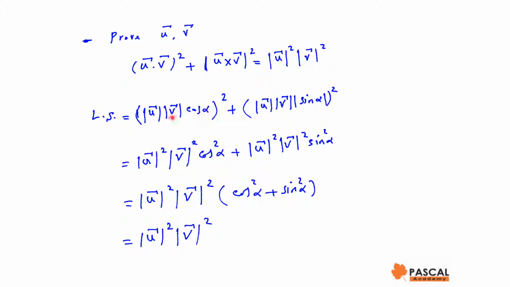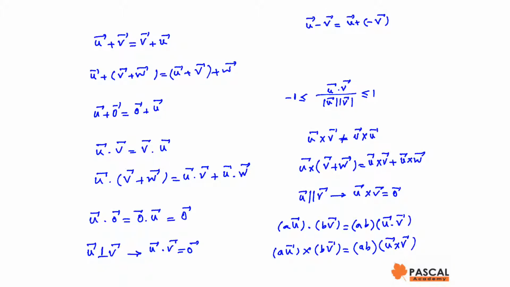If we expand these two terms and factor size of u to the power of 2, size of v to the power of 2, we have size of u to the power of 2, size of v to the power of 2, times cosine squared of alpha plus sine squared alpha. Since sine squared plus cosine squared is always 1, the left side and right side are equal.